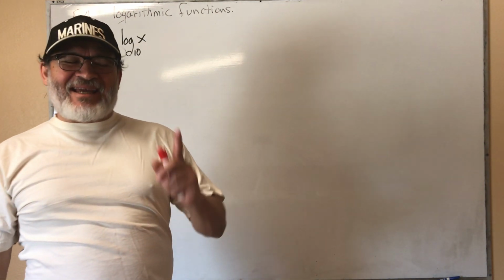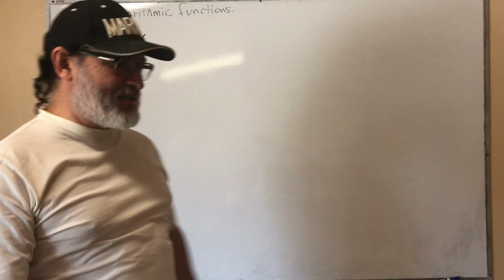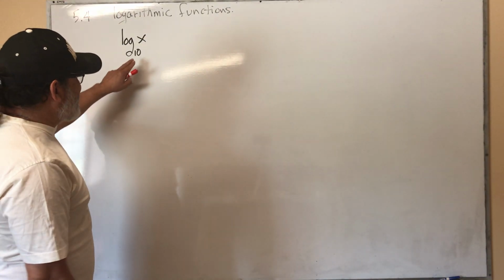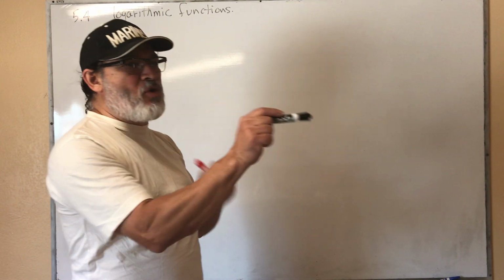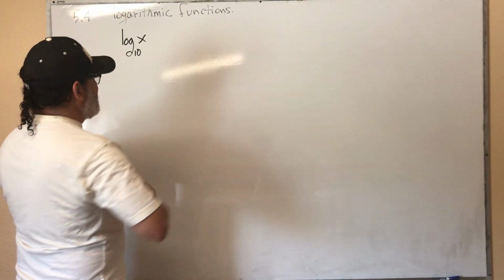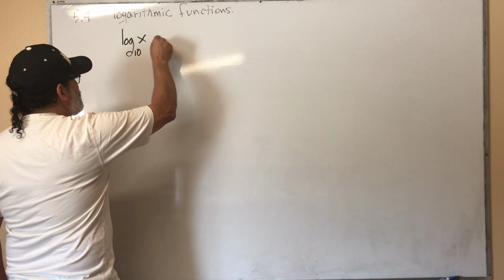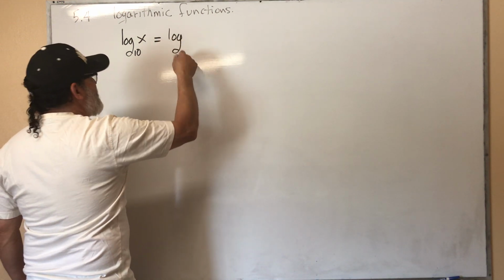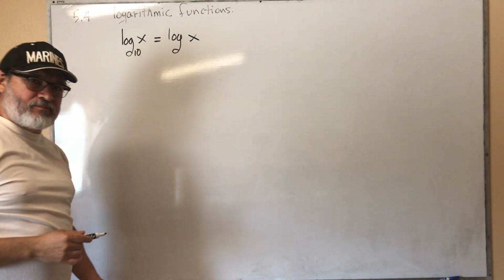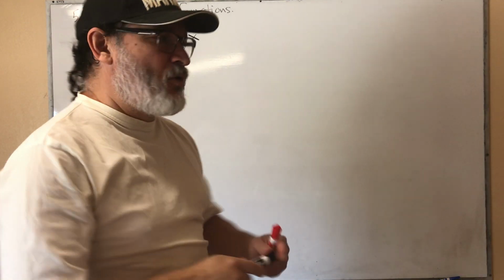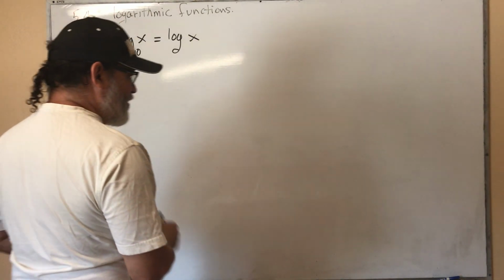When the base is 10, good class, when the base is 10, you do not have to show it. So this equals log base 10 of x, you don't have to show it, when the base is 10.